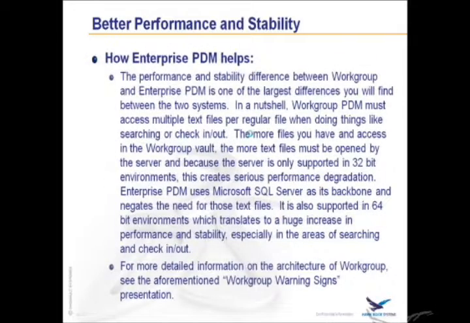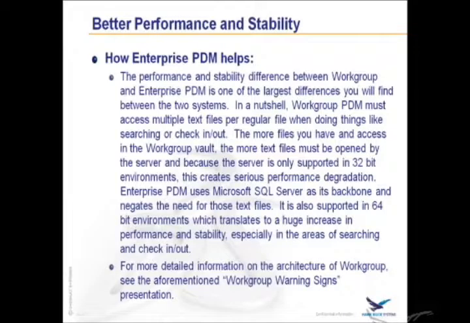In terms of Enterprise, I guess I have to give a little background on Workgroup here and why Workgroup slows down. Workgroup doesn't have a database behind it. So the way that Workgroup manages data is that when you put a file into the Workgroup system, it creates a couple text files that go with that file.